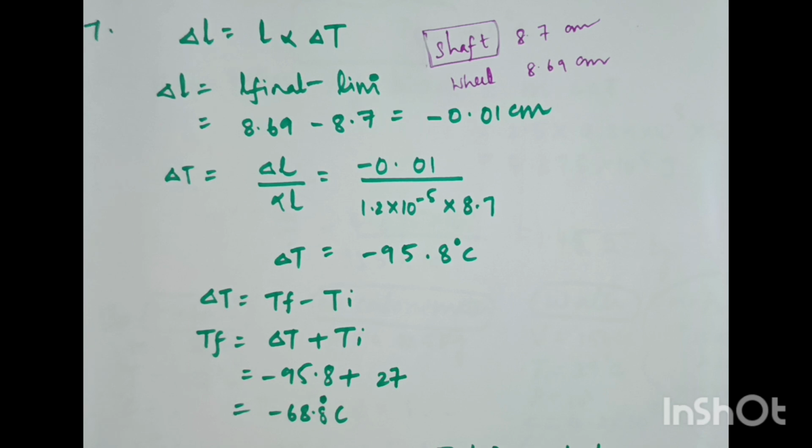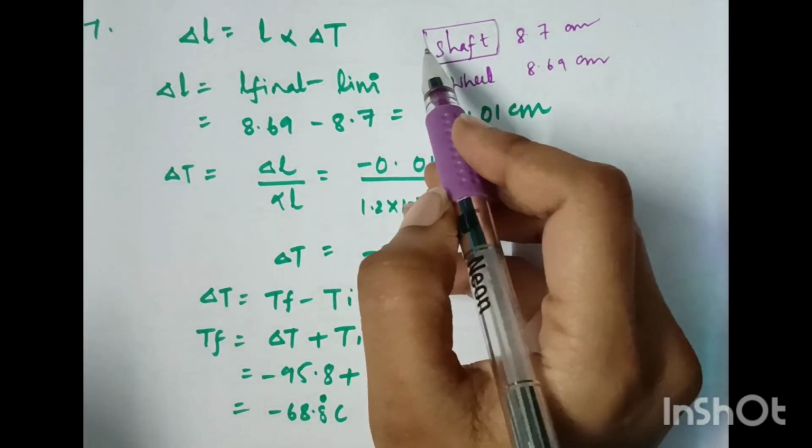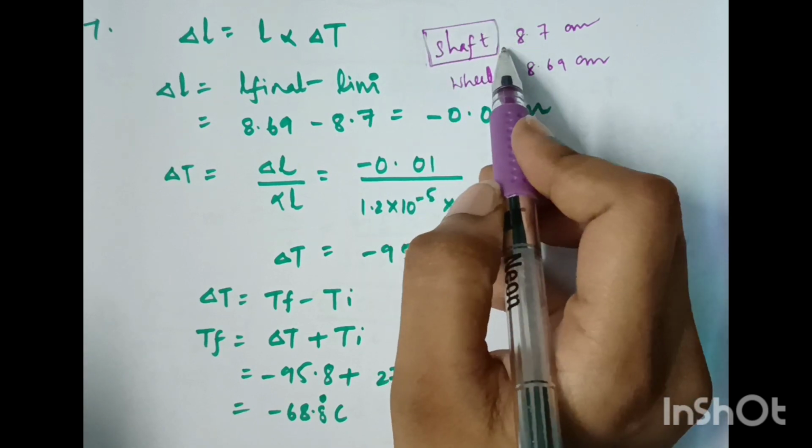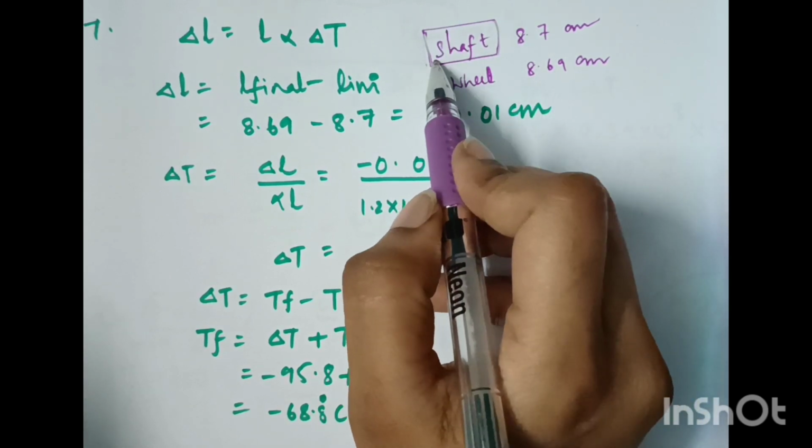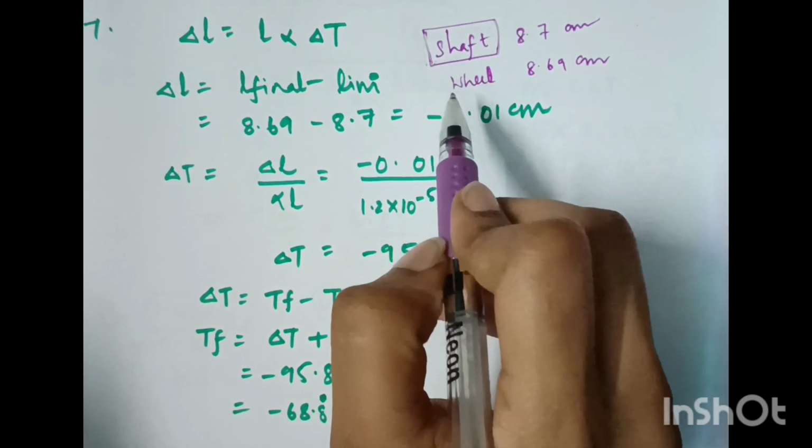So delta L is equal to L alpha delta T, we have just seen it. Delta L is equal to L final minus L initial, that is the change in length. So what is L final? Here we are going to cool the shaft, so you have to consider the values for the shaft only and not for the wheel.